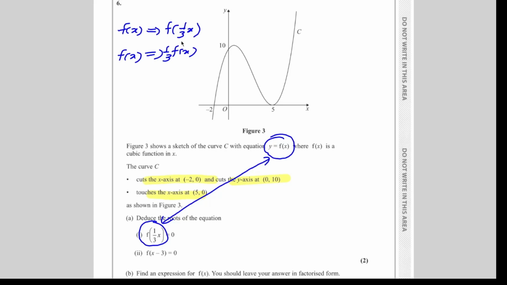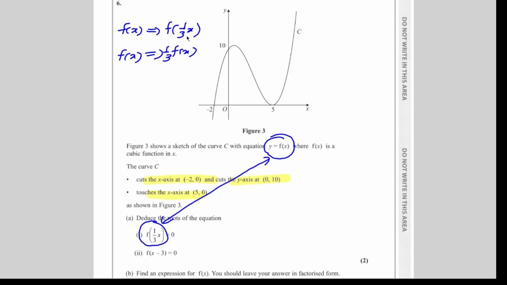So in this case, the transformation says f of 1/3 x, but when applying this transformation to the coordinate, you have to multiply by 3.